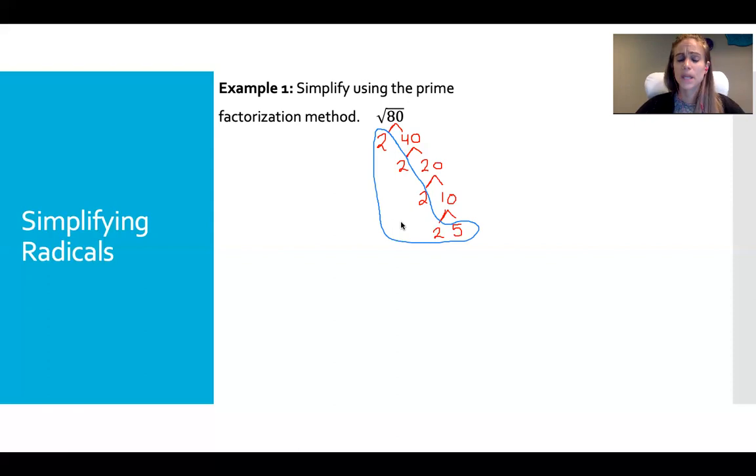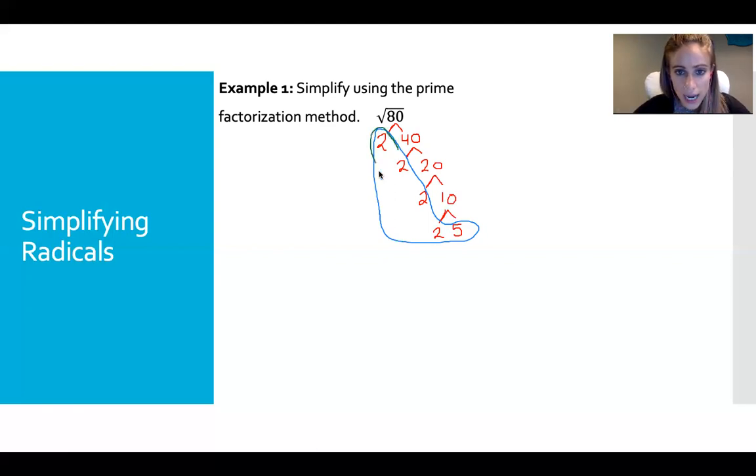All right. The reason that we break this down into prime factorization is we have the square root of 80. So I am looking to simplify by seeing if there's any hidden perfect squares within the 80. Now, to know if something's a perfect square, a little rhyming trick that I use is we look for pairs that turn into squares.